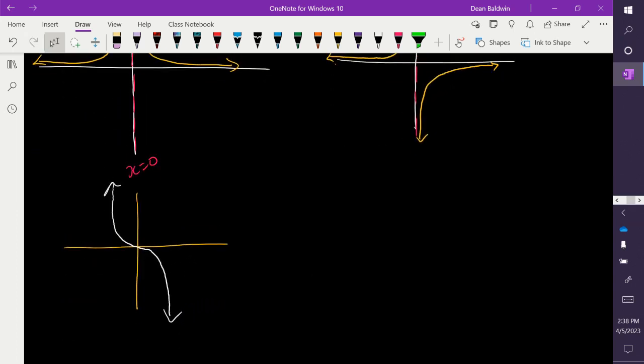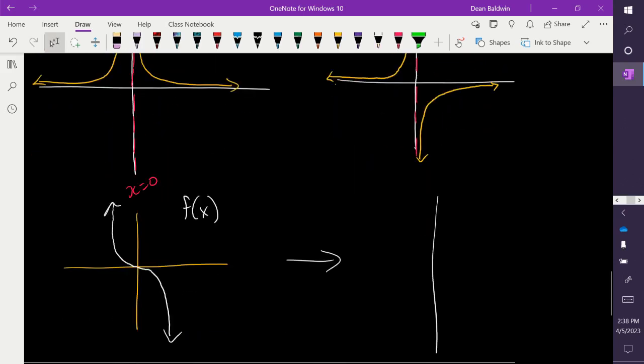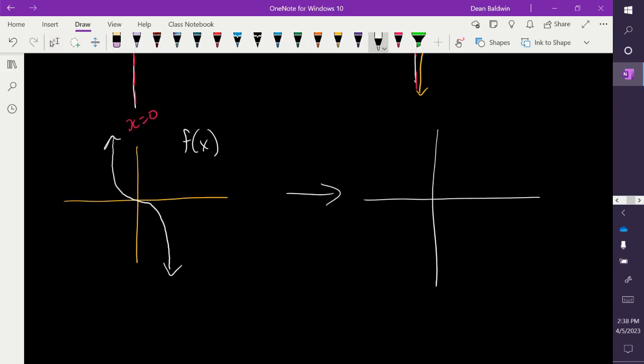Okay. Here's our f of x. Do you want to try this one on your own? Try to sketch f prime of x. So you got it?